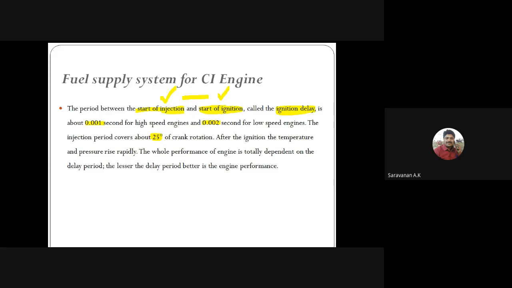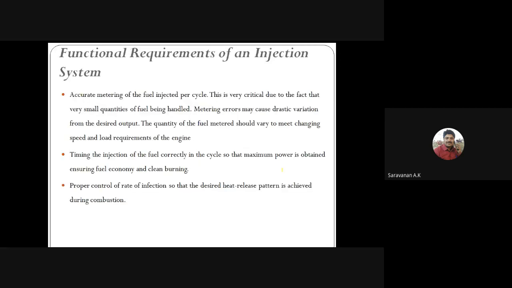If the ignition delay is less, the engine performance will be good. So the lesser the ignition delay period, the better the engine performance.